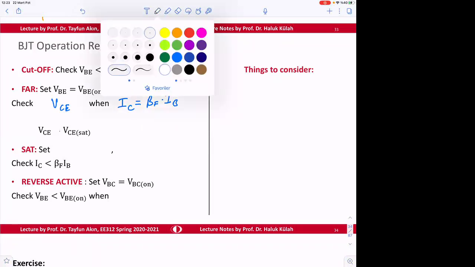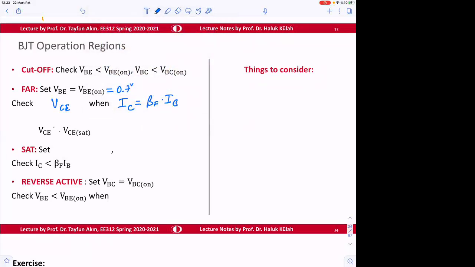If this was larger than VCE,SAT, which is 0.2 volt, then we can say that the transistor is in forward active mode, in its forward active mode.